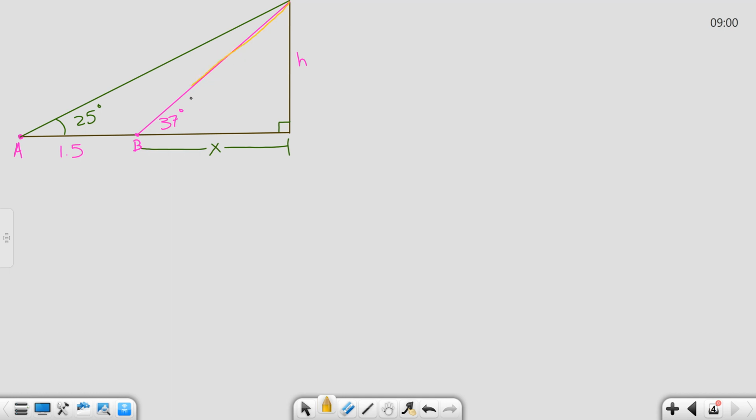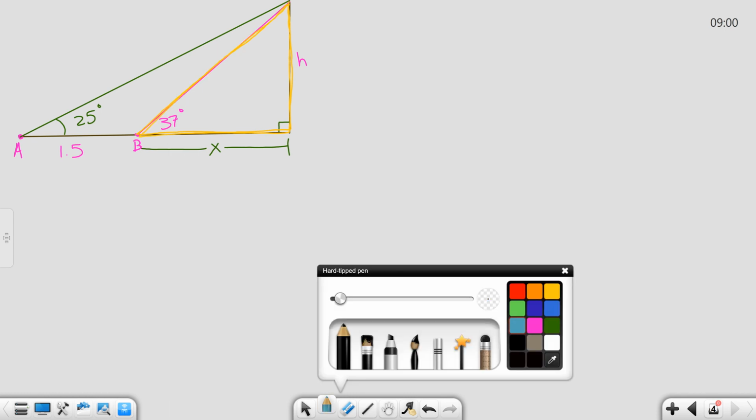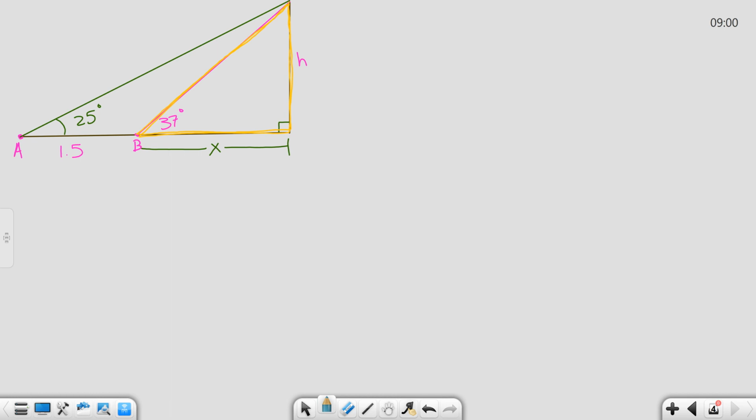Okay, so yellow triangle. We're going to start with that one. Looking at just the yellow triangle, what equation could you write for the yellow triangle? Well, this is awkward.